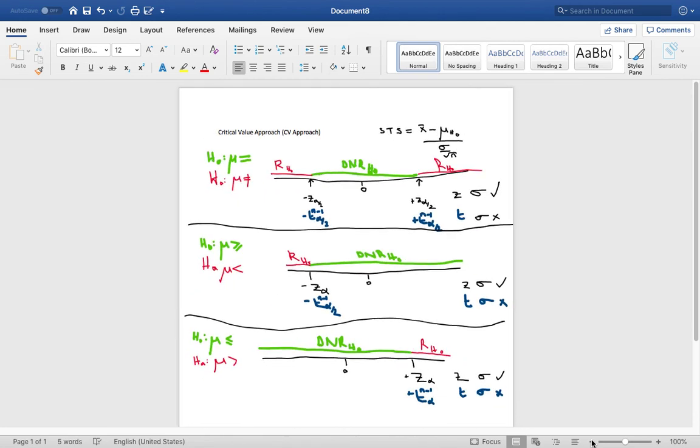Okay, so there are 3 scenarios for the critical value approach. The first one is a 2-tailed test, there are 2 rejection regions. The second one here is a 1-tailed test with rejection to the left, and the third one is also a 1-tailed test with rejection to the right. There are only 3 different scenarios. Any question you get can be fit into one of these 3 scenarios.